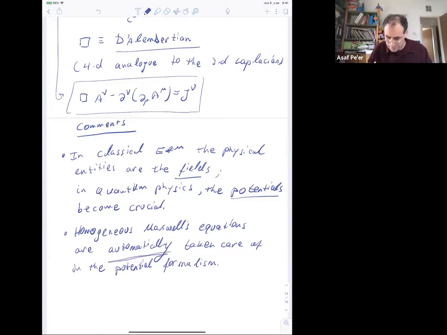So really, the potentials are not just nice mathematical entities, but they become quite crucial when we're doing QED. I still need to do the gauge transformation, but this will take another 10 minutes or so. Maybe it's better to skip it to next week, and then we can start quantizing things.